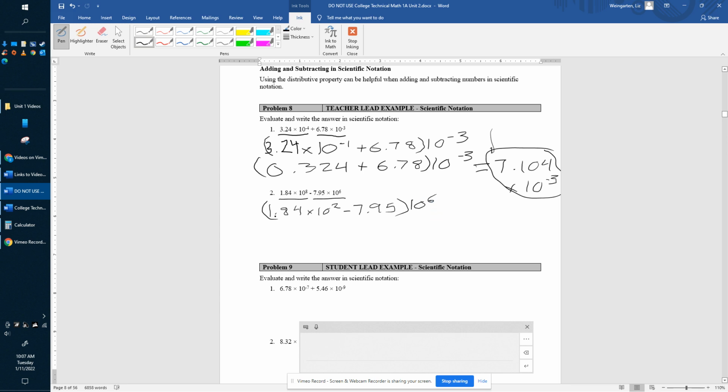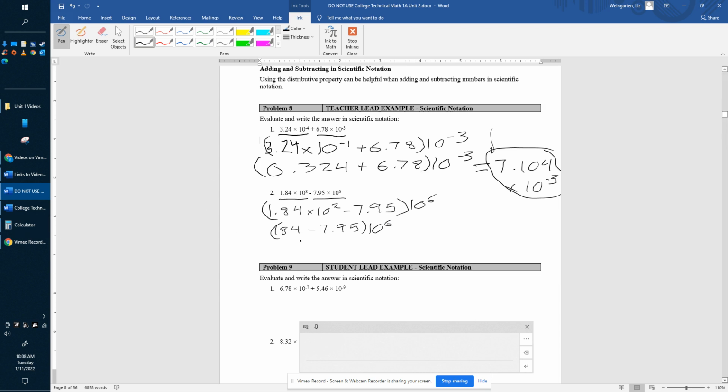So let's evaluate what 1.84 times 10 squared is. It's a positive exponent, so we will have to move our decimal point 2 places to the right. That's going to give us 184 minus 7.95, all times 10 to the 6th.